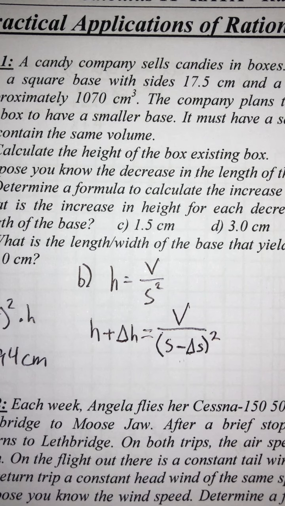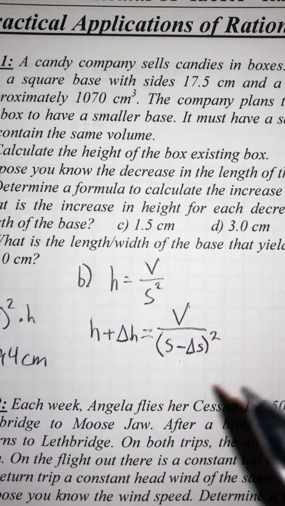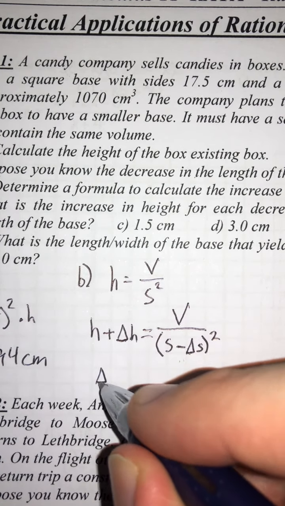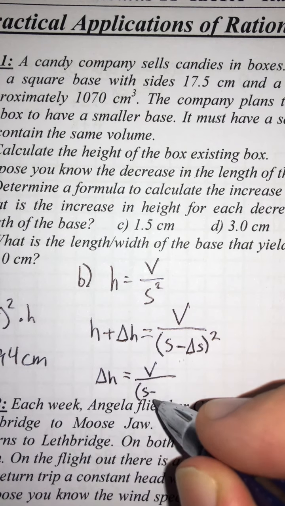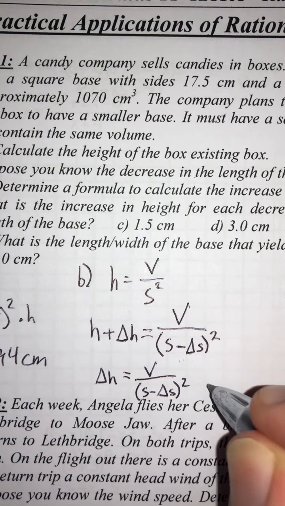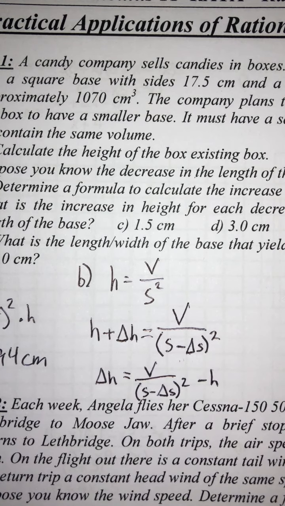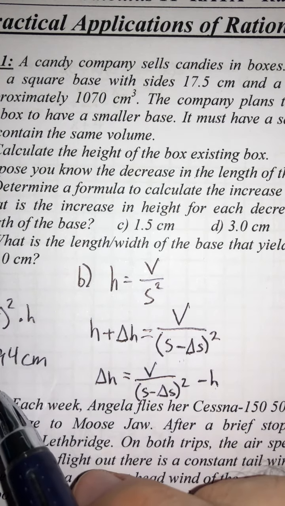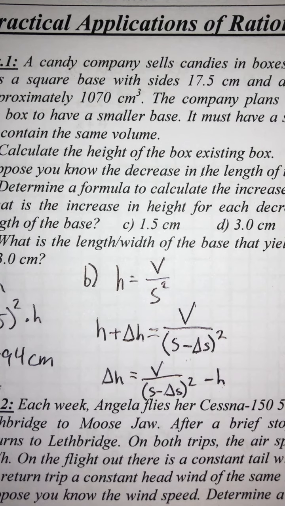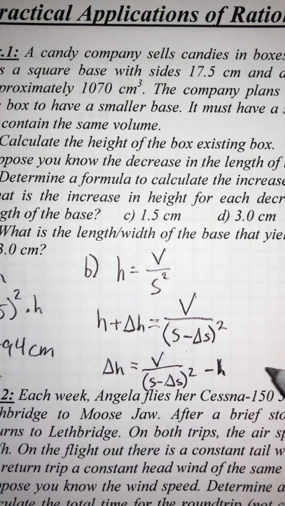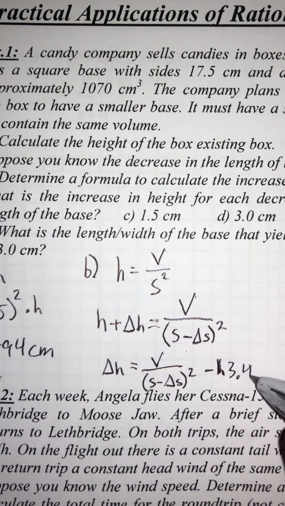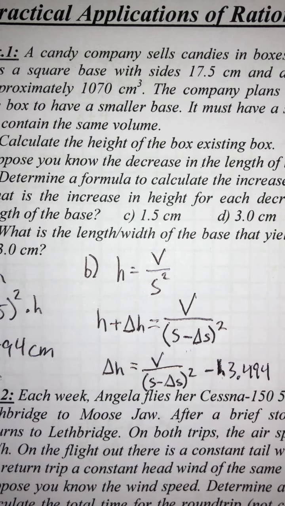And what I want to do is rearrange for the change in height. So change in height is equal to volume over s minus change in s squared minus the original height. The original height we have over here, it's 3.49. So instead of height, we could put 3.494 into the equation already.